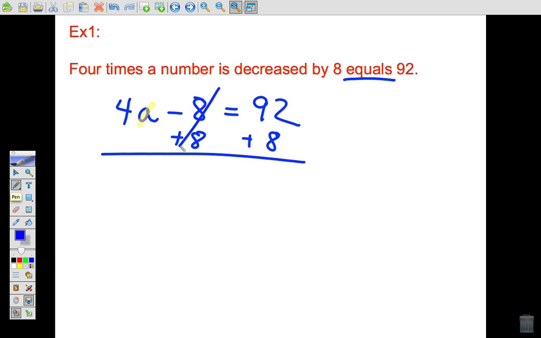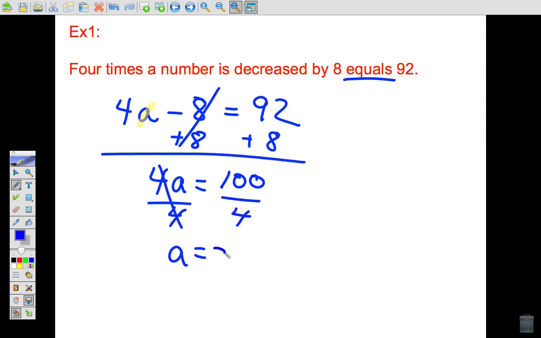That gets the 8s to cancel out. So 4a is left, equals 100. Now divide by 4. The 4s cancel out, and we get 25. So the solution, the number, is 25. Okay? Not too bad. These aren't too bad if you look at your keywords.